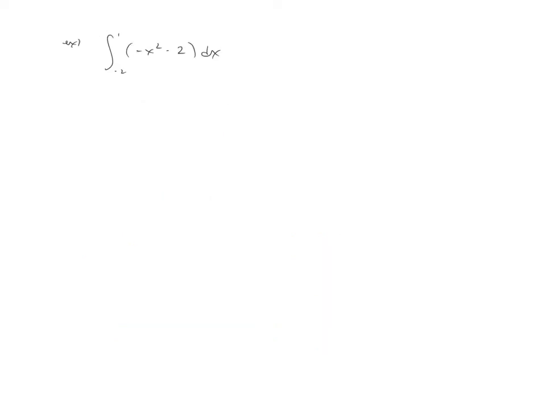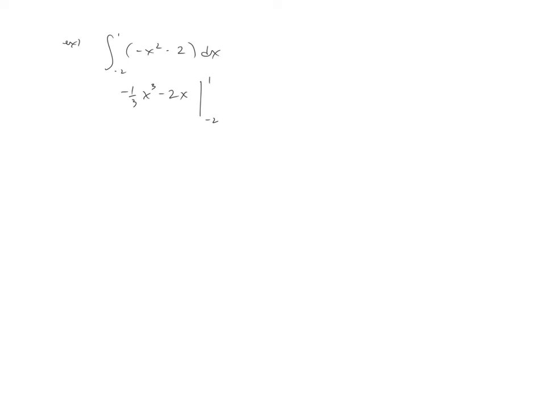Okay, so for the next example then, we've got another definite integral from -2 to 1, and the function's negative x squared minus 2, followed by our dx. So when it comes to integrating this, again, the first part's always the same, just integrate as usual, and then we'll evaluate at the end. So this will be a -1/3 x cubed minus 2x. I don't need to put the plus c there because we know that it would go off to 0 if I did write it. You certainly can, but for a definite integral, if you don't write the plus c, it's totally fine.